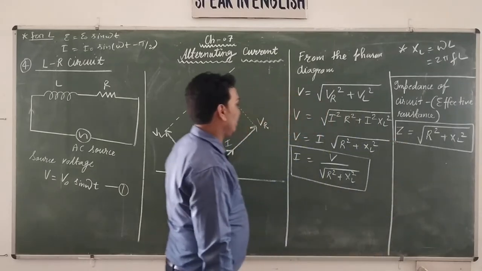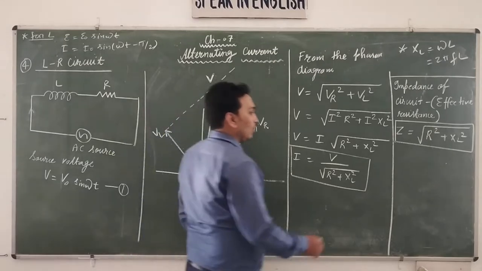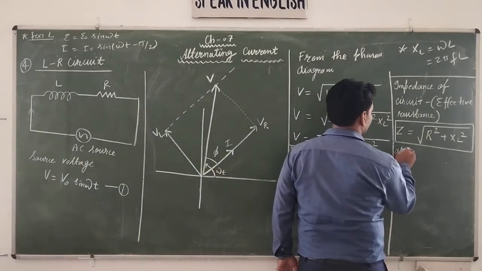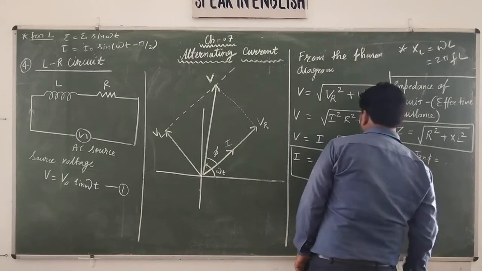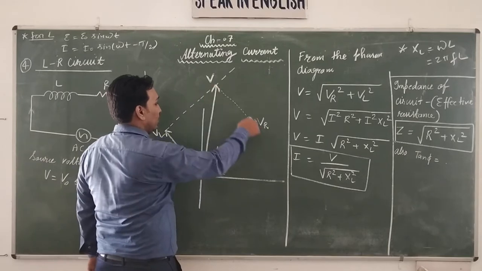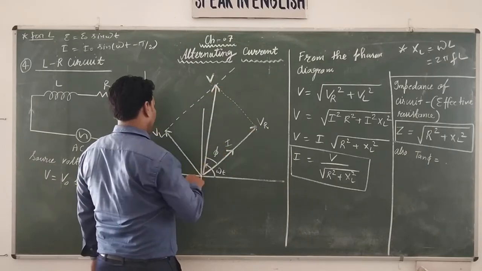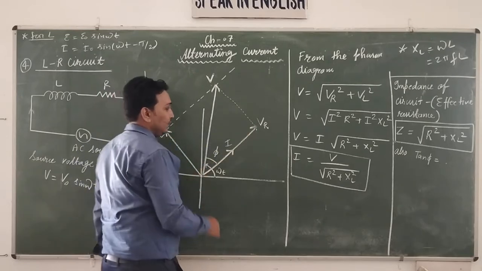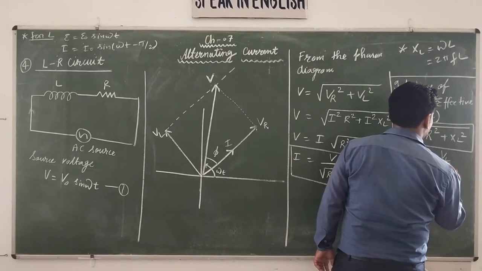From here, if this phase difference phi is being asked, then how will you calculate it? Also, tan phi is equal to what? For tan phi, in this right angle triangle, this is your perpendicular, this is your base. The length of the perpendicular is VL and the length of the base is VR. We can write VL upon VR.